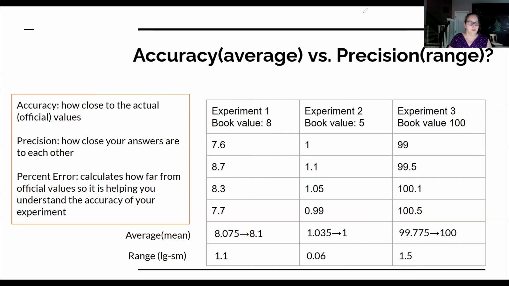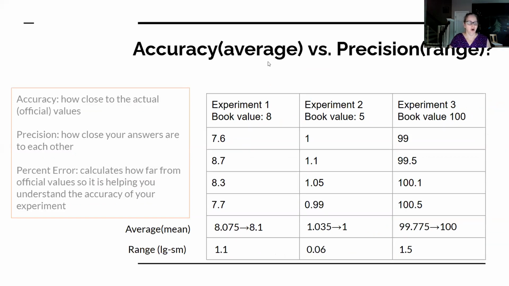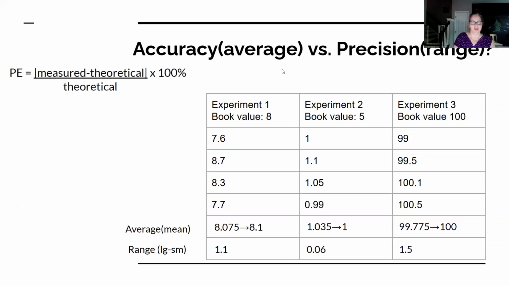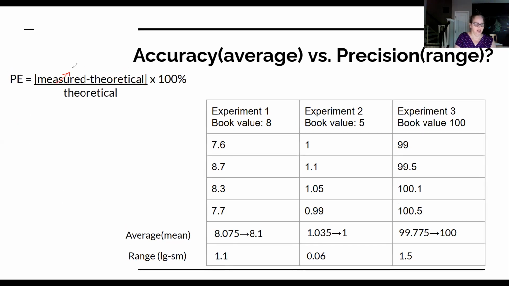Okay, now let's go one more step because accuracy really should be compared with percent error because that is how far off you are from the actual value. All right, so when we do this, if you have an average, you put the average here, 8.1 minus the theoretical, which is 8, over 8.